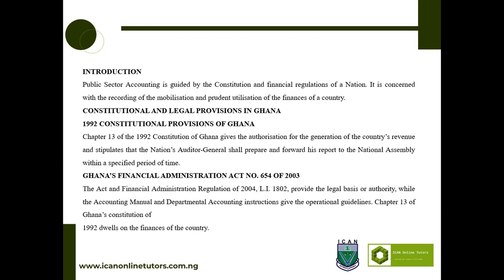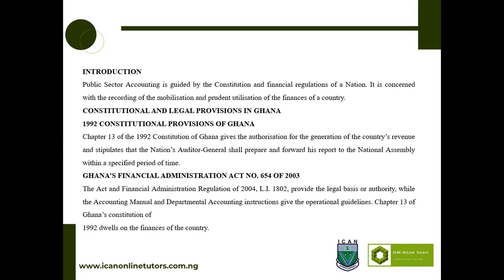Public sector accounting is guided by the Constitution and financial regulations of the nation. So it is concerned with the recording of the mobilization and prudent utilization of finances of a country. That is how the funds of a country are being utilized appropriately.